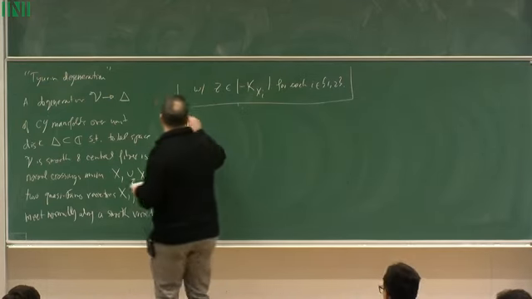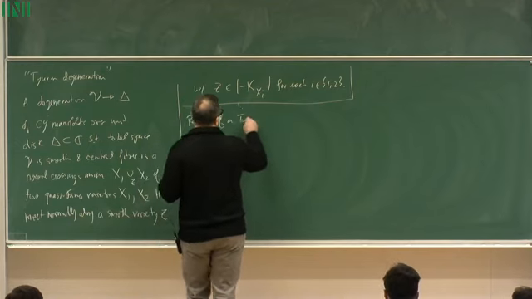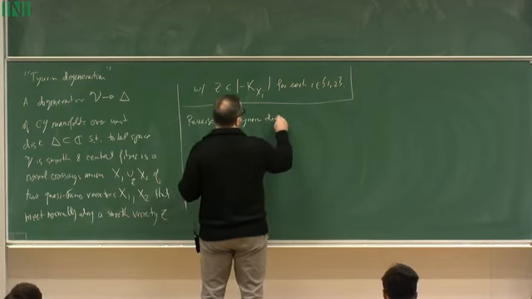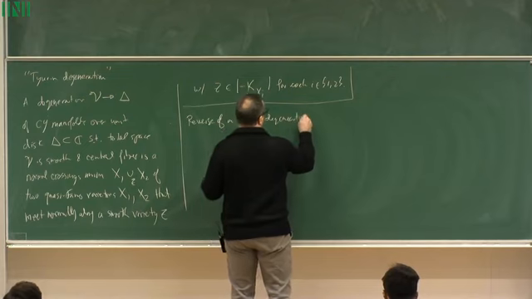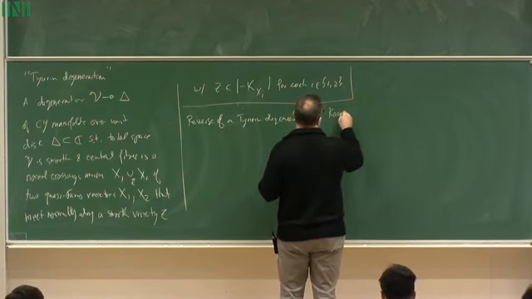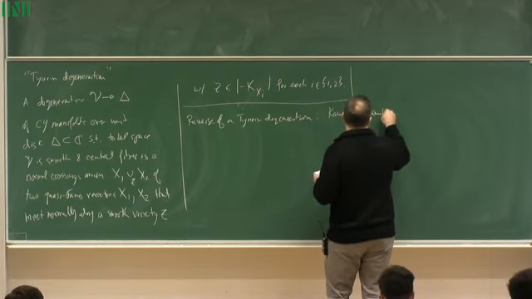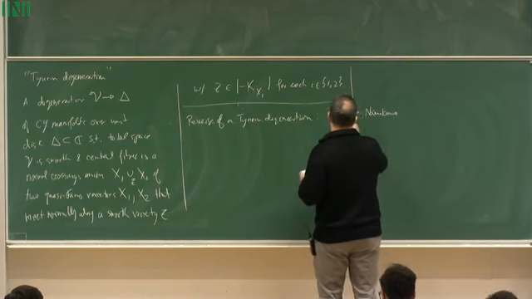So the reverse of a Tyurin degeneration is what I'll call a Kawamata-Namikawa smoothing.